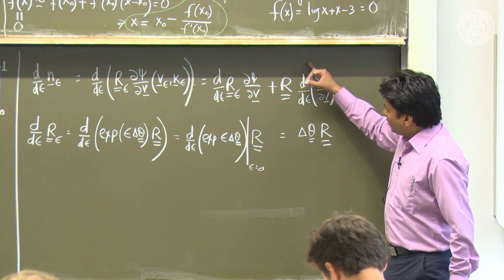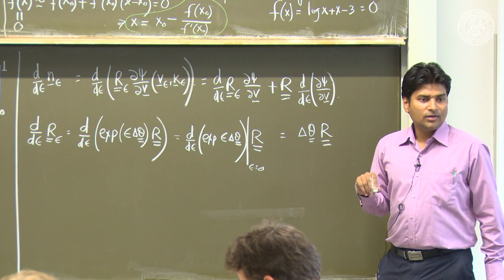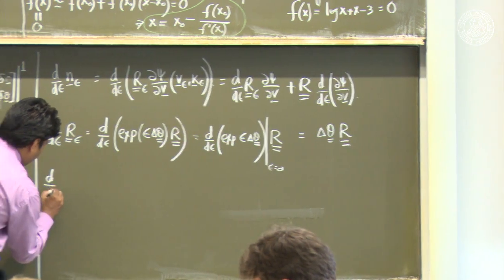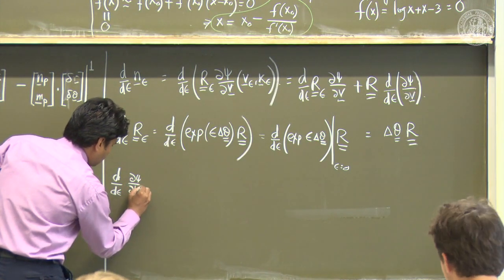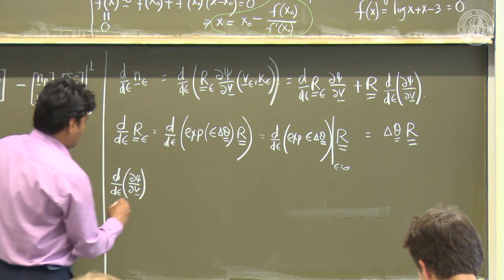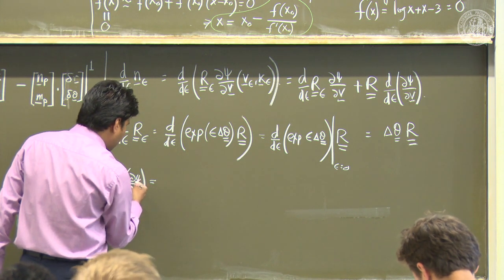And then you also have to work out, you see this term, d by d epsilon of del psi del v. Now, what is that going to be? That is nothing but, you have to use chain rule, because psi depends on v and k.